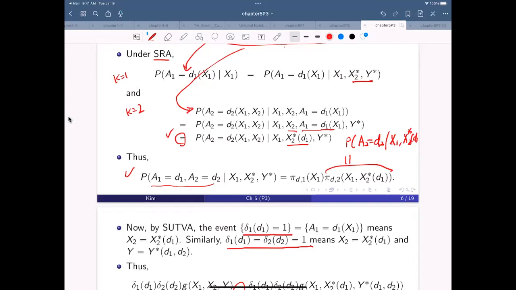This guy is equal to the probability that A2 equals D2 given X1 and the observed X2, and then A1 equal to D1.